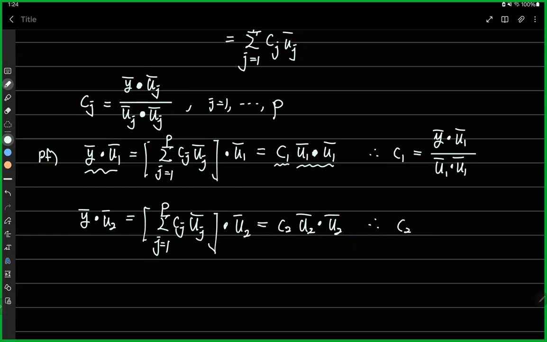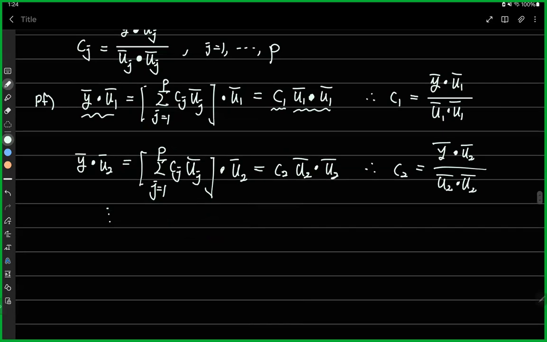So c2 is y dot u2 over u2 dot u2. So in general, cj is y dot uj over uj dot uj. Okay, so this is how to find this.